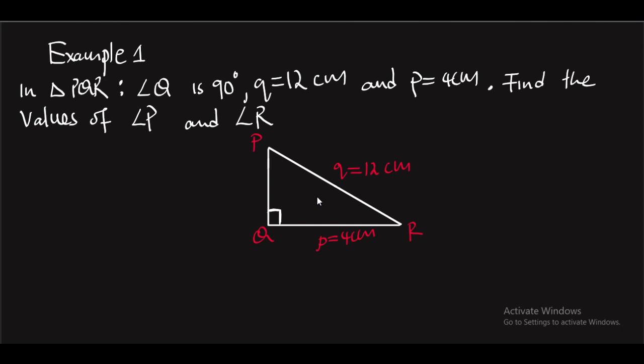Which trig function gives us adjacent and hypotenuse? It's cos, because remember SOH CAH TOA.